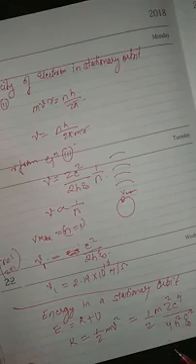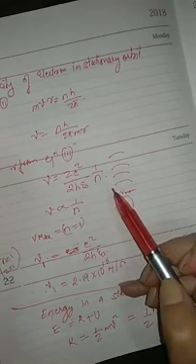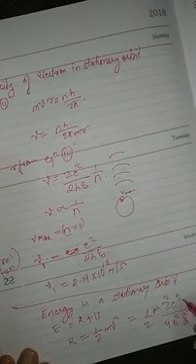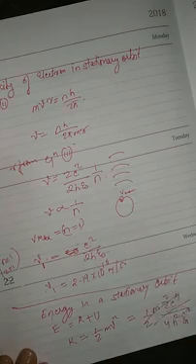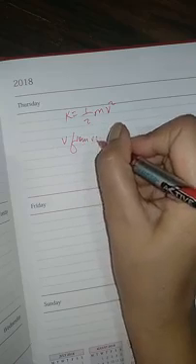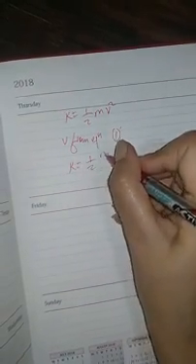I'm not putting the value of v from the other equation. It's actually the same equation, that is equation number 1. So I'm putting the value from equation number 1. K is equal to half mv².